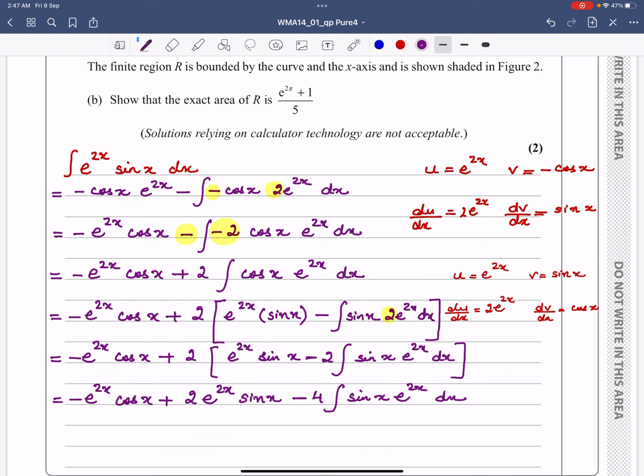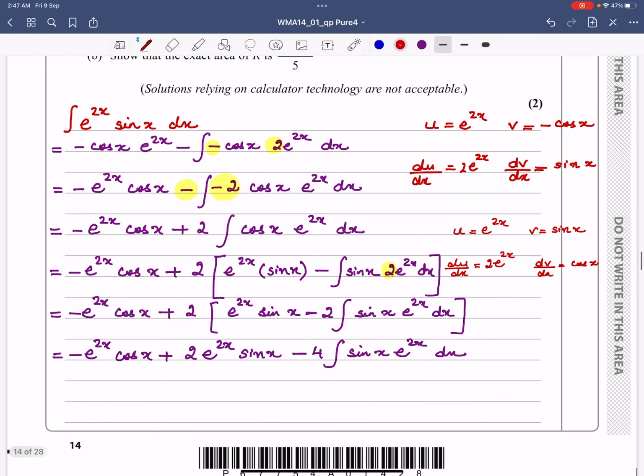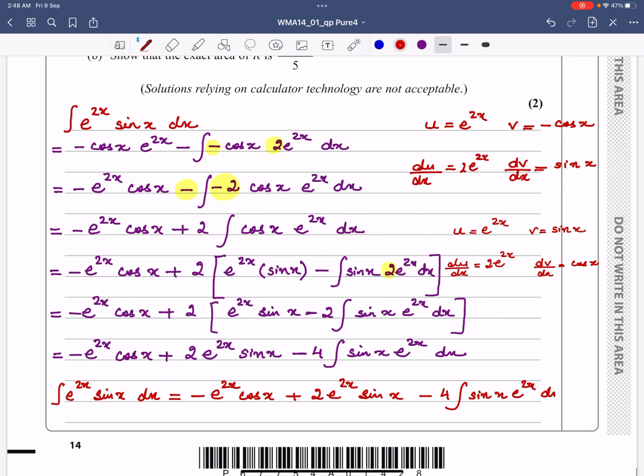So now in this step, I'm going to copy the question, which is integral of e to the power of 2x sine x with respect to x, that is equal to minus e to the power of 2x cosine x plus 2 e to the power of 2x sine x minus 4 into integral of sine x e to the power of 2x with respect to x.